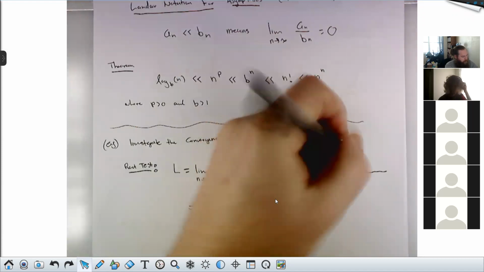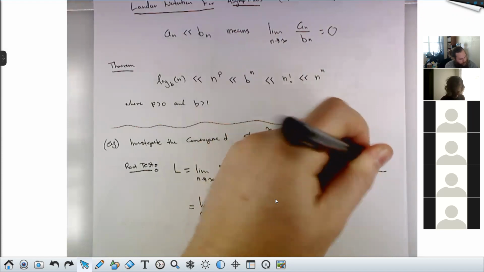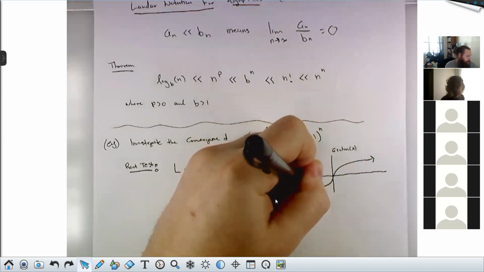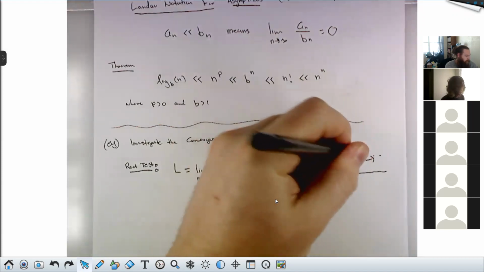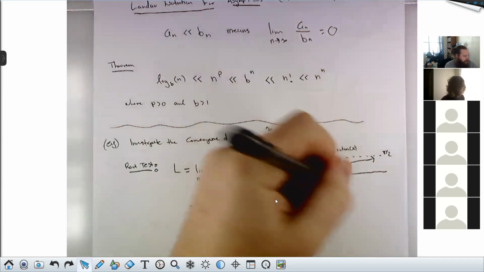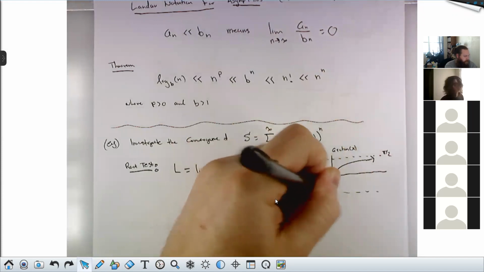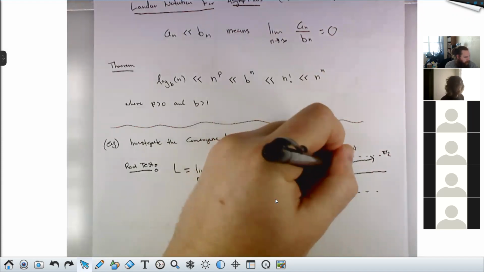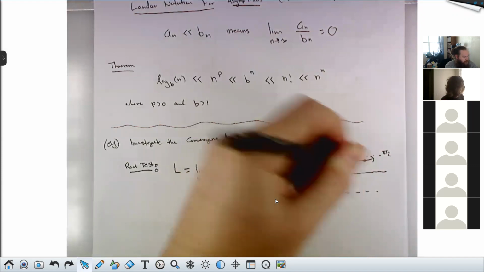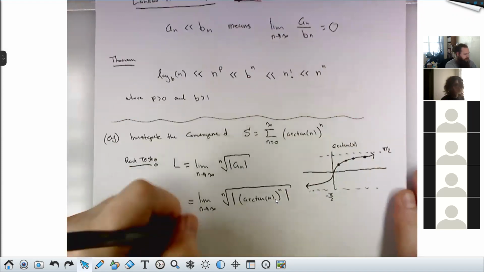The graph of arctan x looks like this, approaching pi over 2 up here, and then sneaking up towards negative pi over 2 off to the left. But arctan of n is just dots along this graph, so those are all positive. So I can ditch the absolute values.